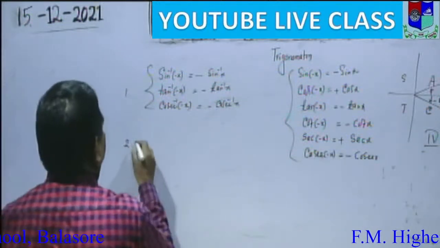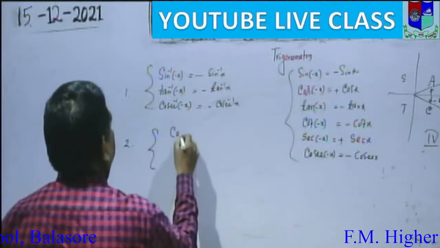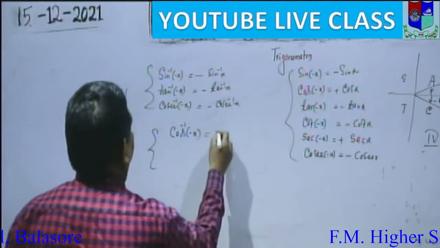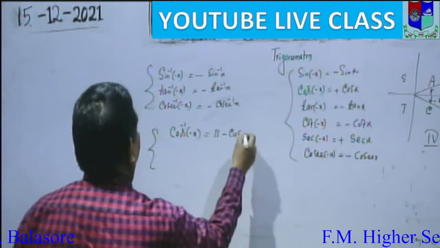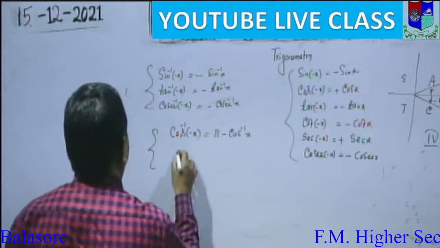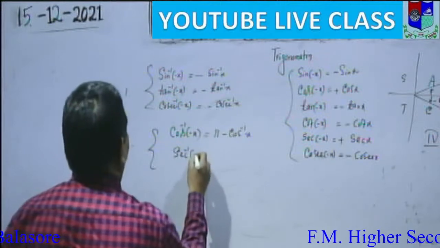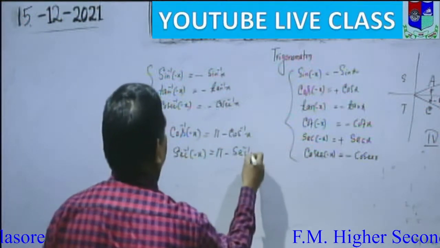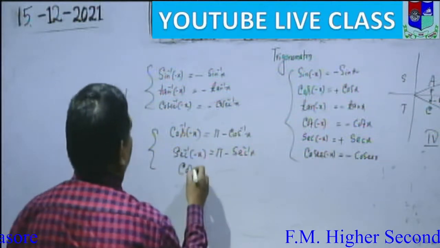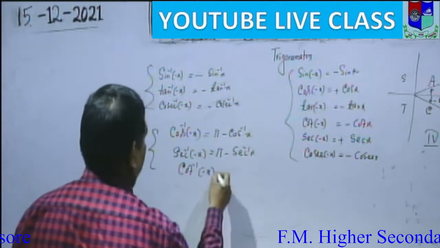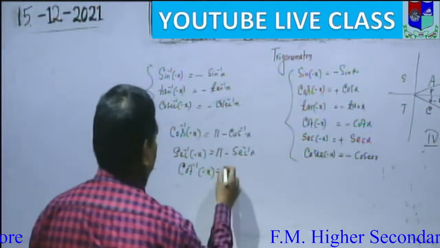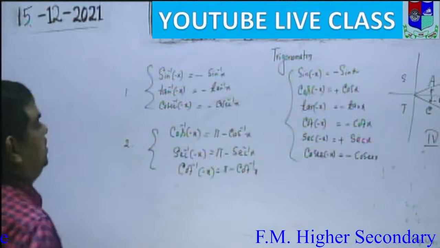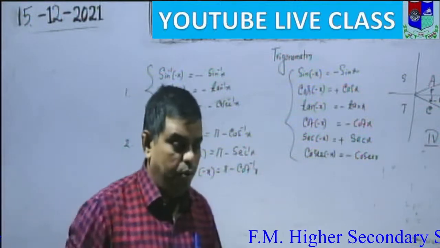The second half: cos inverse minus x is equal to pi minus cos inverse x, sec inverse minus x is pi minus sec inverse x, also cot inverse minus x is equal to pi minus cot inverse x. These are two theories we already know.